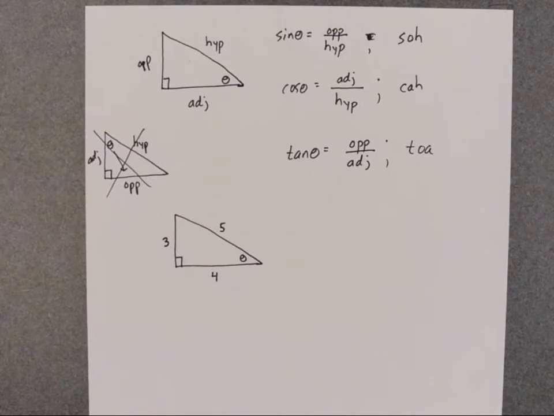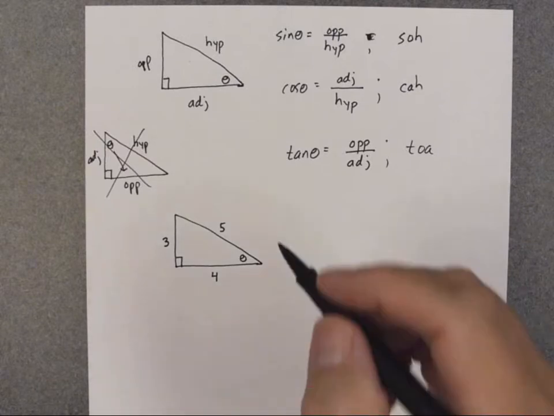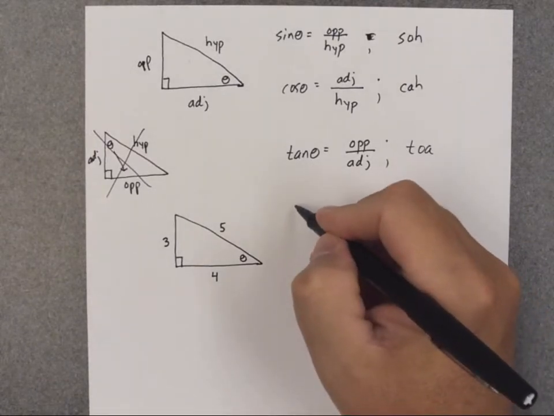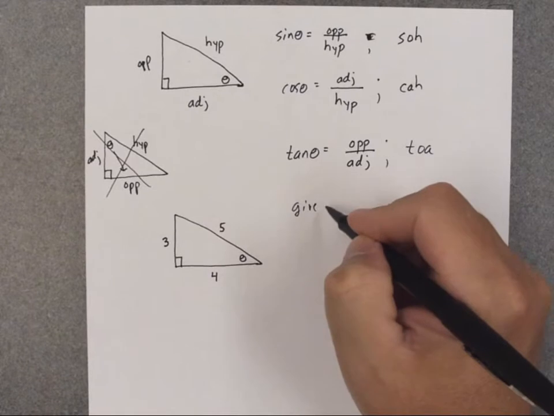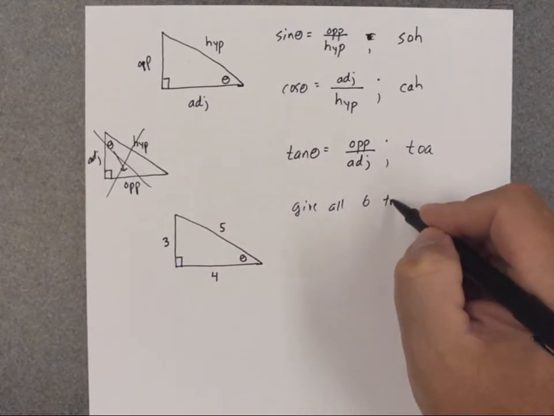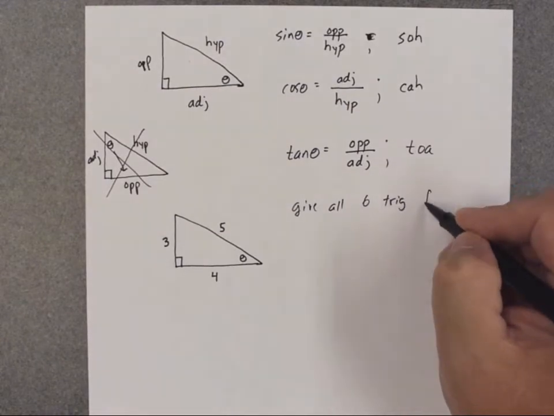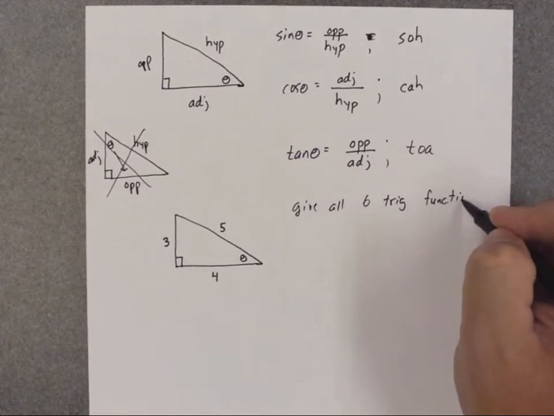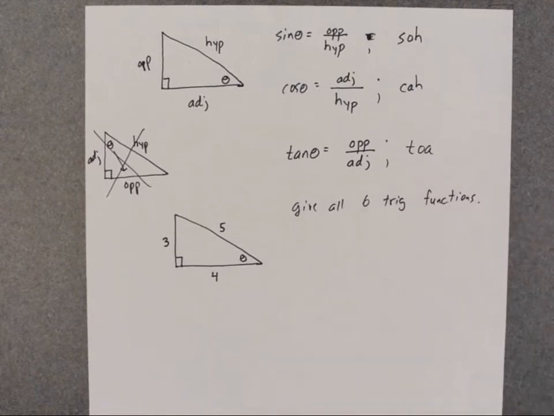And now the question is, please give all 6 trig functions. All right, so I'm going to start out with sine, cosine, and tangent. We've already talked about those. Then after we do those, I'll tell you how to get the other 3.